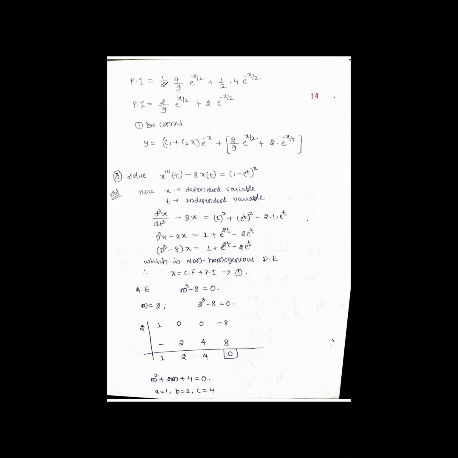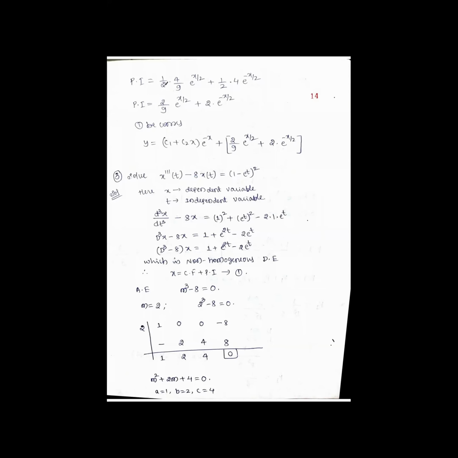So x triple dash of t, d cube x upon dt cube, minus 8x of t. See, there is no derivative here, so only write it x. So minus 8x is equal to (a minus b) the square, so a square plus b square minus 2ab. I'm using the (a minus b) the square formula.